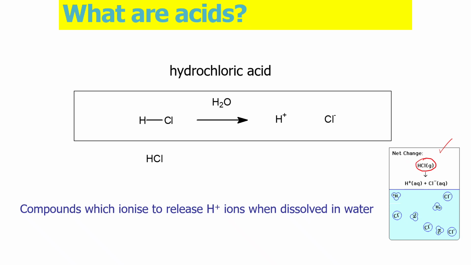But when the hydrogen chloride comes in contact with water, it splits into H plus and Cl minus ions. This process of dissociation or ionization and making H plus ions in water is what allows us to consider HCl as an acid.